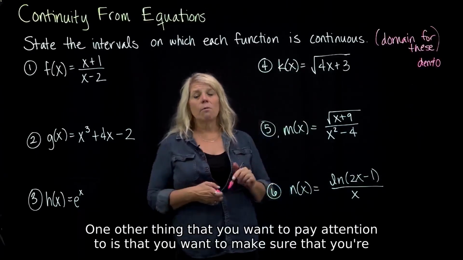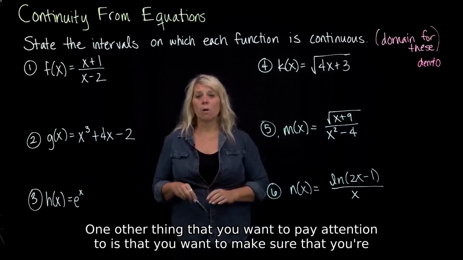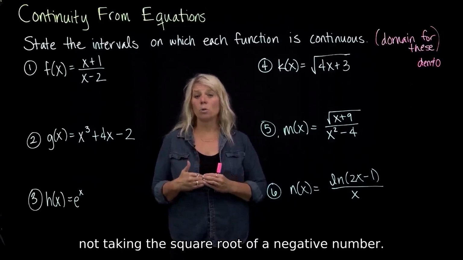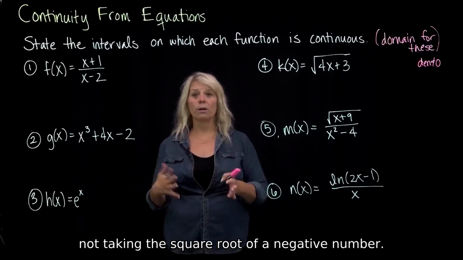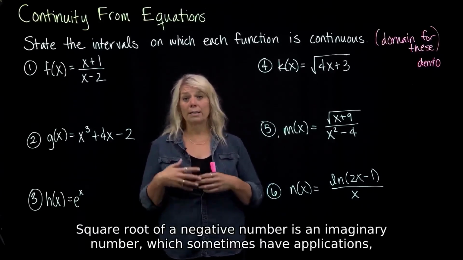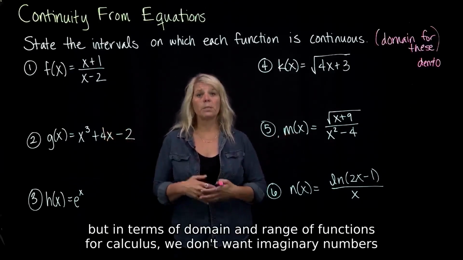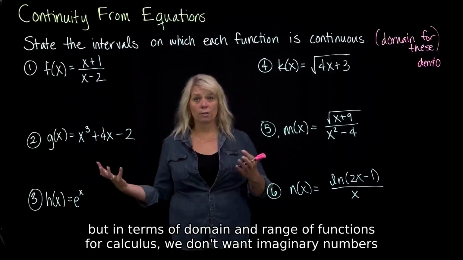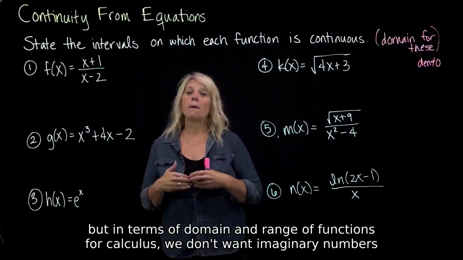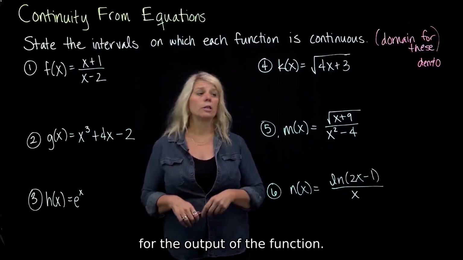One other thing that you want to pay attention to is that you want to make sure that you're not taking the square root of a negative number. The square root of a negative number is an imaginary number, which sometimes has applications, but in terms of domain and range of functions for calculus, we don't want imaginary numbers for the output of the function.